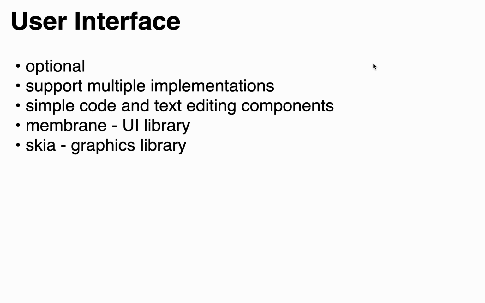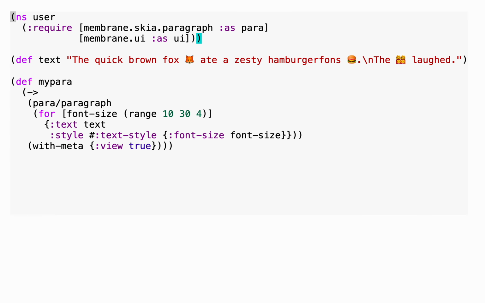And at least for the built-in UI that I'm working on, I'm pretty fond of this UI library called Membrane. And like I mentioned before, the graphics library is Skia, which has been a really great library because it has really great support and performance, works on a lot of different platforms, and it's been working really well. So speaking of which, this is the Membrane wrapper for Skia's text handling.